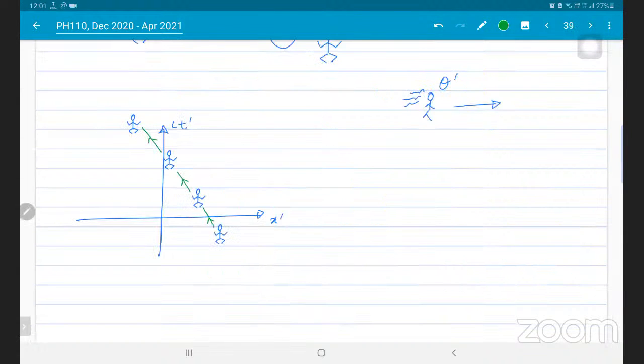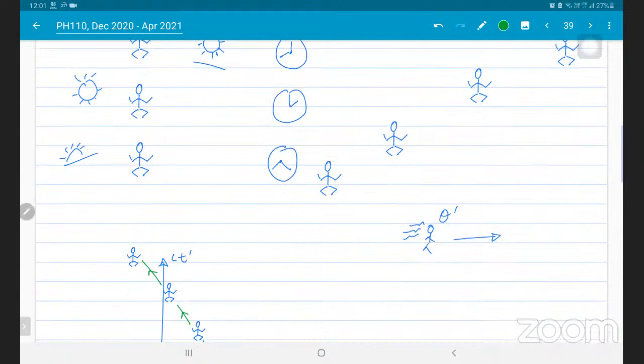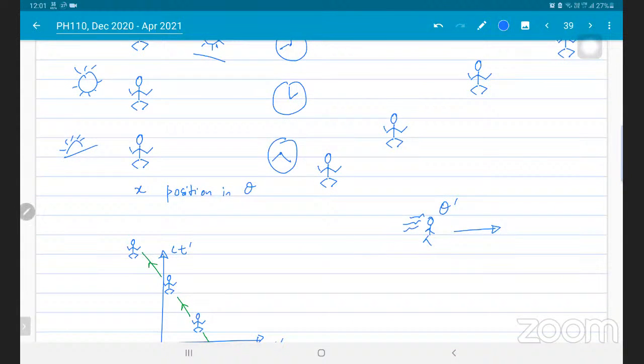Now let's say the position of this meditating observer in the O frame of reference is X. And X is a constant. So this is x equal to constant.